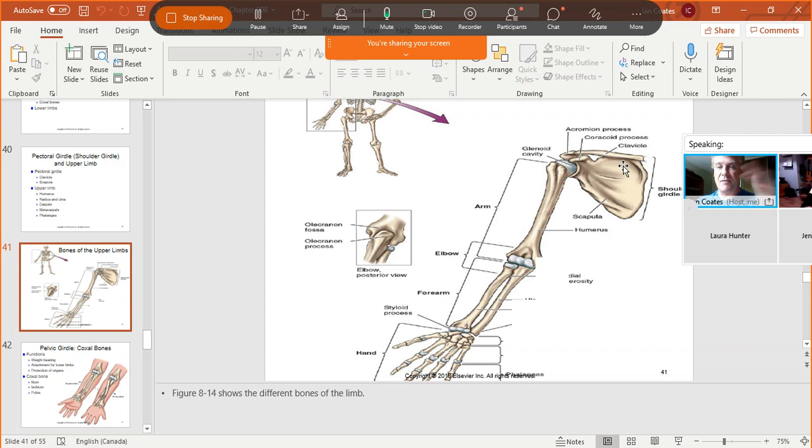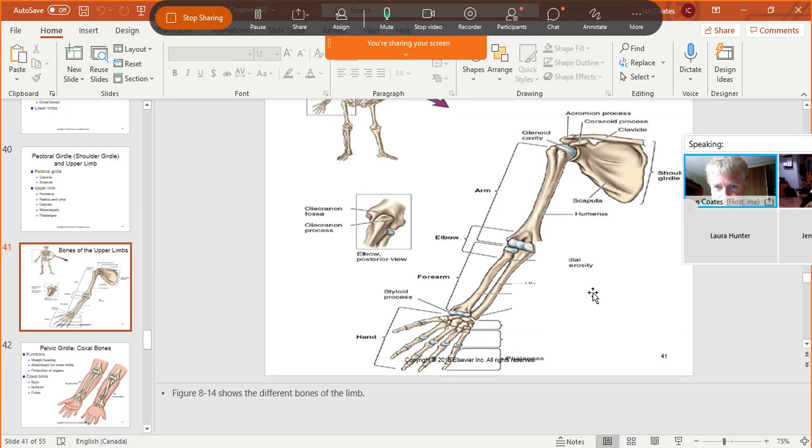I've heard that from a number of people. Breaking your ribs is pretty bad as well. What else have we got here? We have your radius and your ulna, these two right here. And then you've got the bones of the hand.